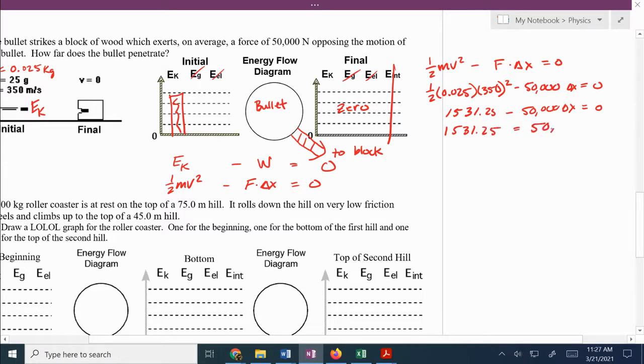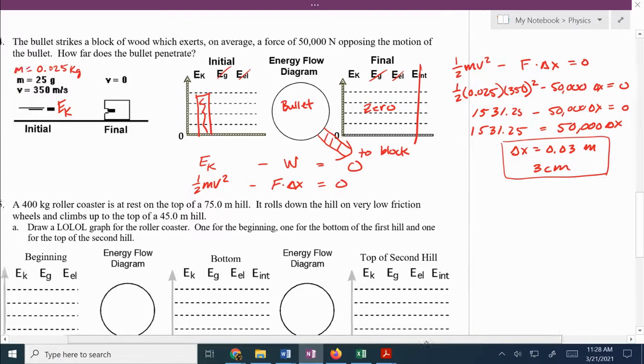Add the 50,000 delta x to the other side, then divide by 50,000. So delta x is 0.03 meters, which would be basically 3 centimeters. So there you go. There's that one.